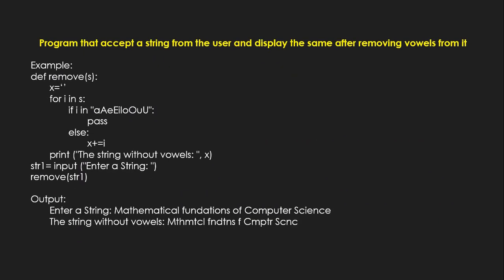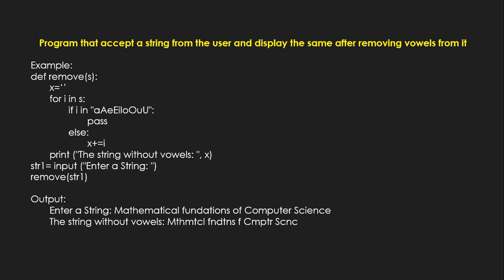The next program that you're going to see is to display the string after removing the vowels from the given string. That is, if you find a vowel in the given string, you eliminate the vowel and then print the string. So now look at this example here. You are using a function subprogram, and what is the name of the function subprogram?